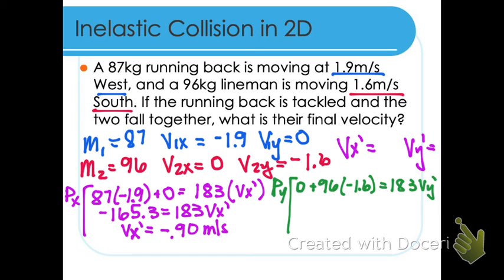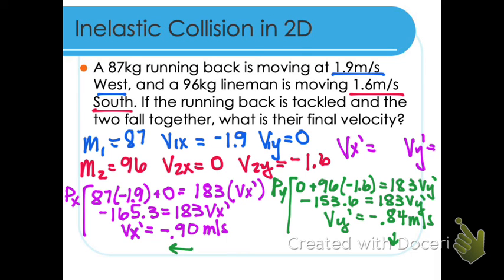So that gives me negative 153.6 equals 183 vy prime. And so that means vy prime is equal to negative 0.84 meters per second. So that's downward.